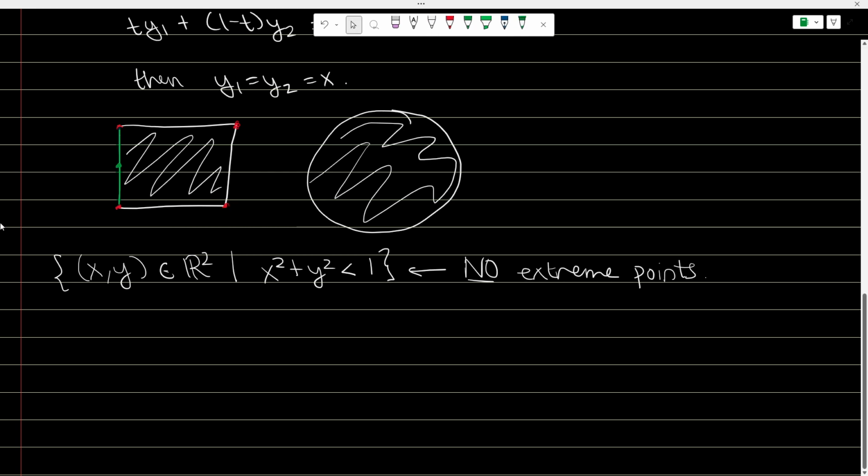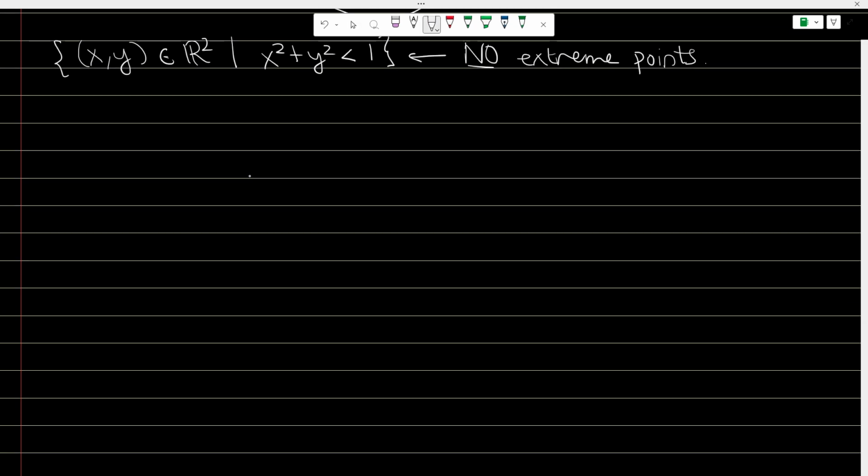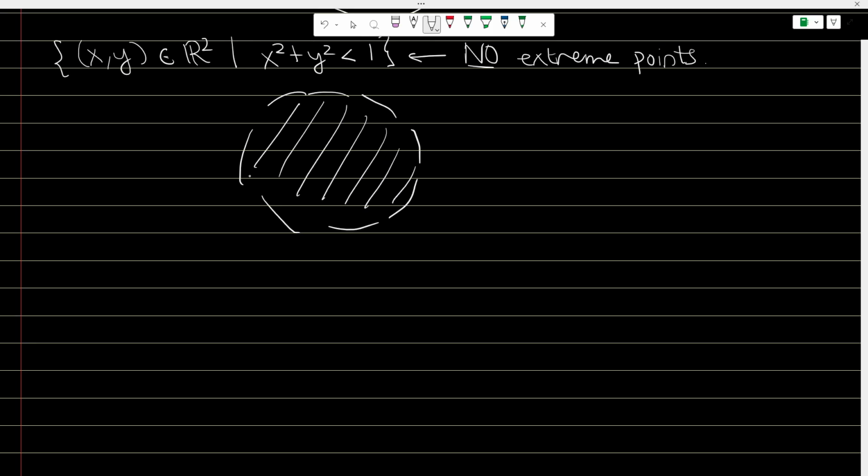This is obviously convex. I'll draw a little kind of fake picture, the kind of fake picture I often draw. We've got this open unit disk, and we shade it in. And it's definitely convex, but it doesn't have extreme points. All the extreme points you might expect to have on the boundary, they've just been cut out, and that doesn't change the convexity of the shape at all.